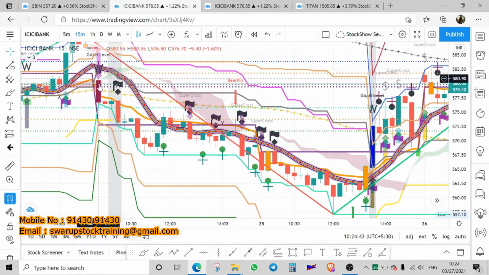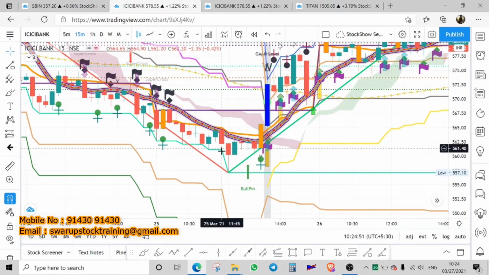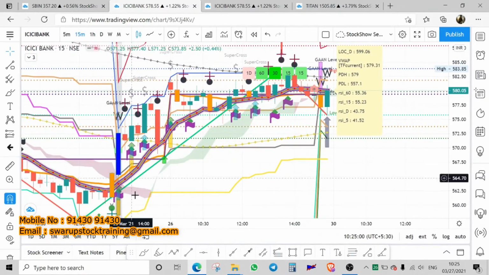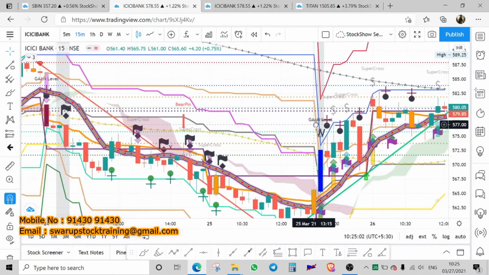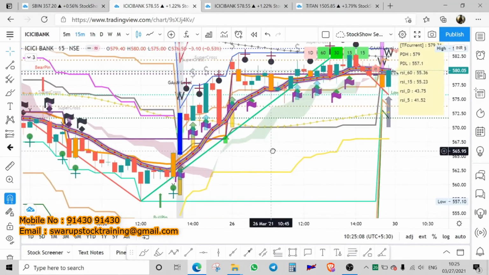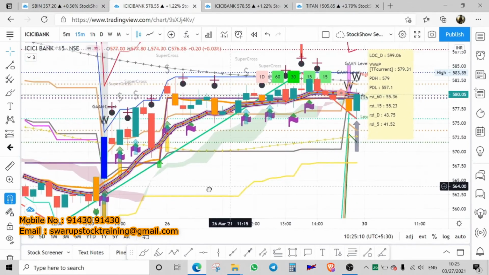So the early warning missile is here, and then we take the signal from GAN, execute, and ride the trade, and we get out only when our trend line changes from red to green. Okay, this is how we are going to go. And then during our journey we start getting more confirmation, so don't get out of the trade. So these two combinations are really a deadly combination to make money.